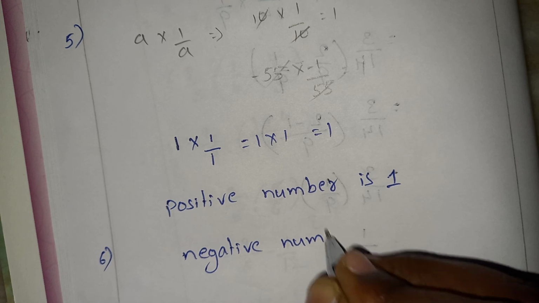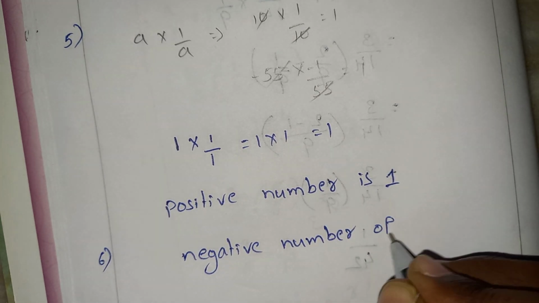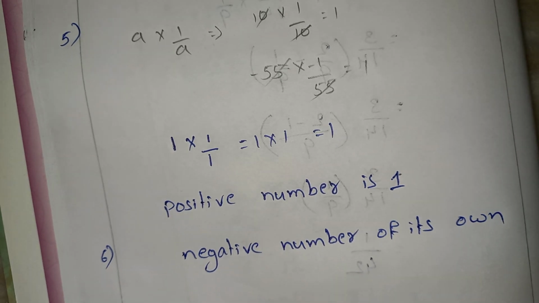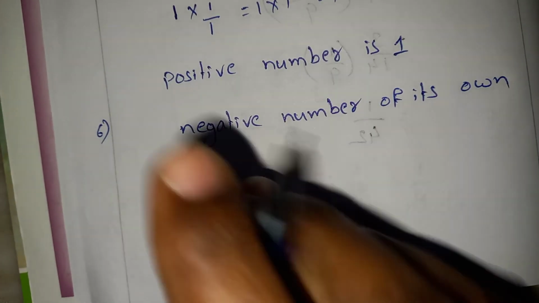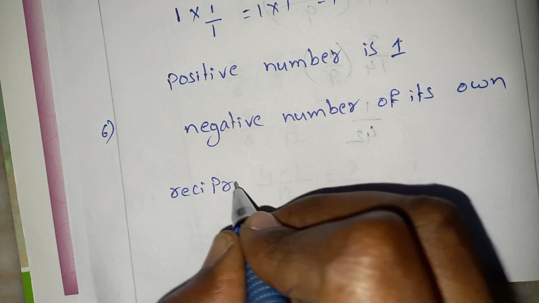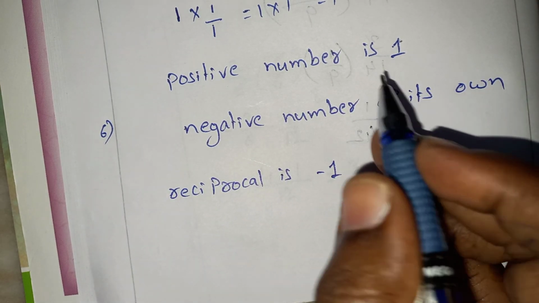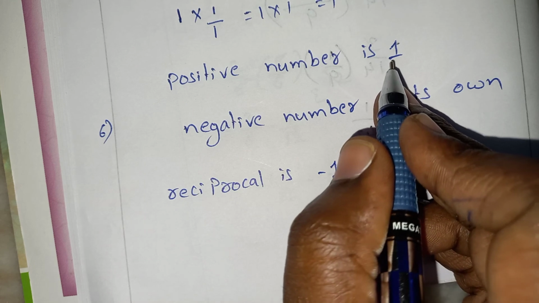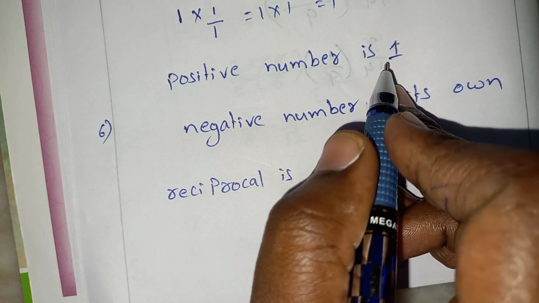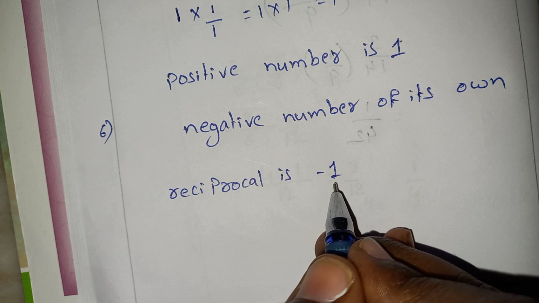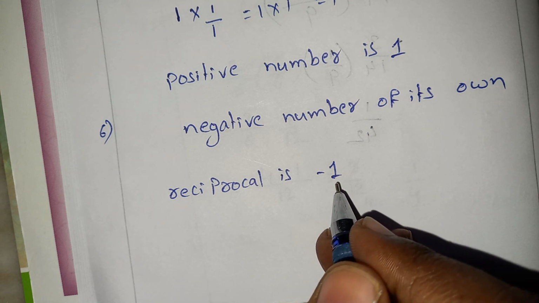The negative number which is its own reciprocal is -1. For +1, the positive reciprocal is +1. For -1, the reciprocal is -1. Okay.